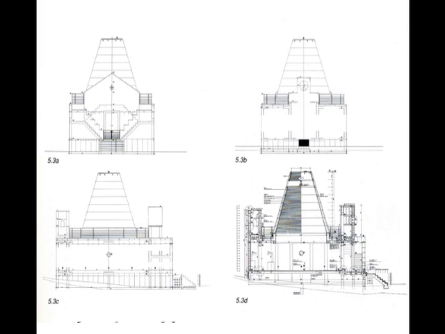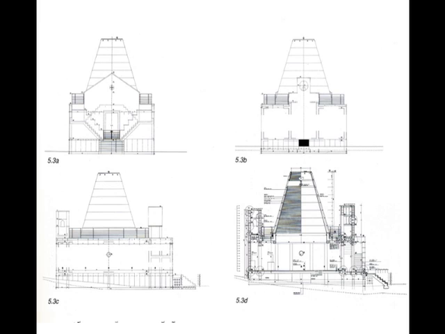I will analyze the drawings. What you're looking at is a sheet of drawings. The top two are elevations, the bottom left is an elevation, and the bottom right is a section.